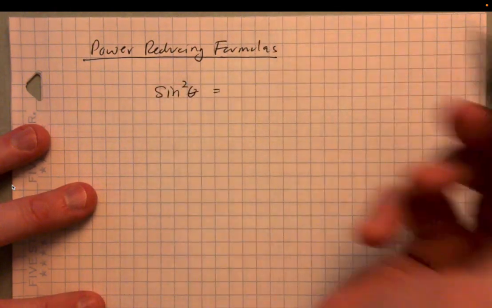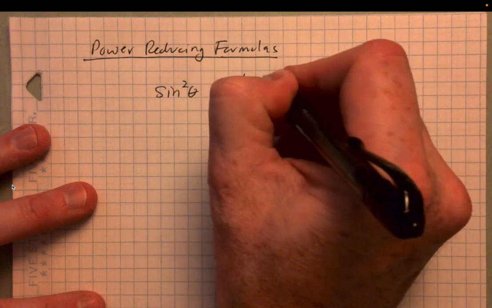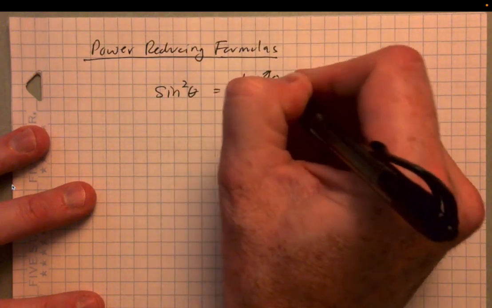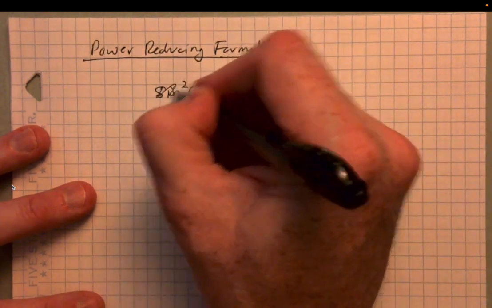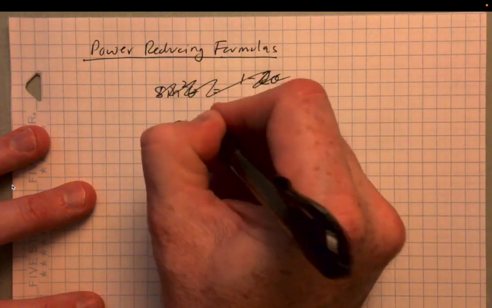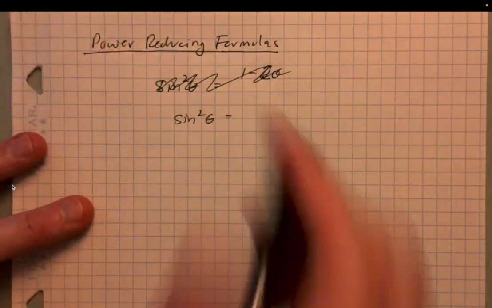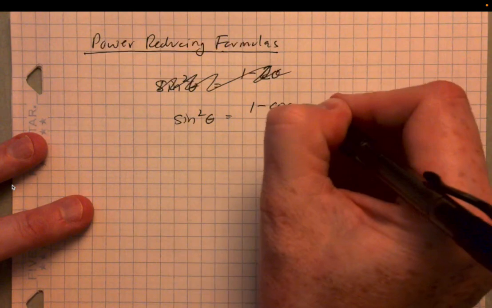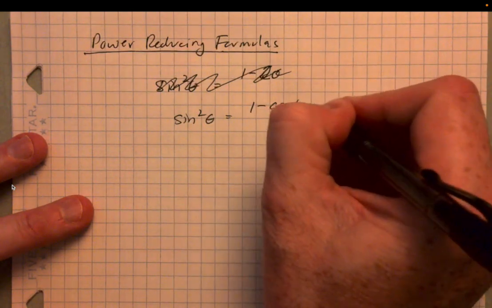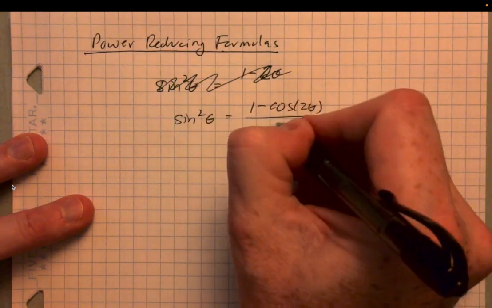In this case, sine squared theta is equal to 1 minus cosine of 2 theta, all over 2.